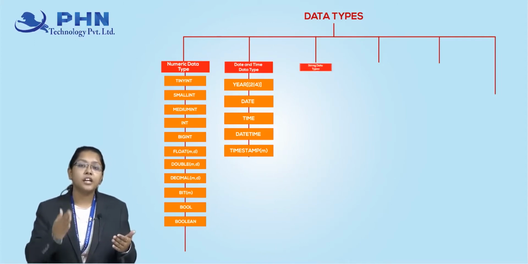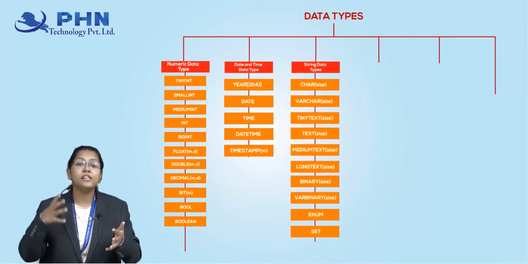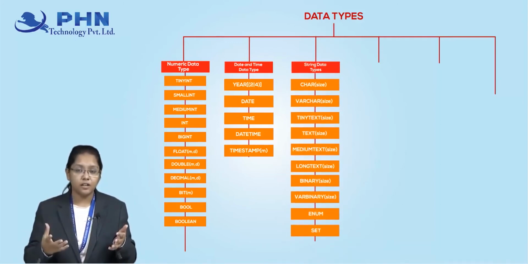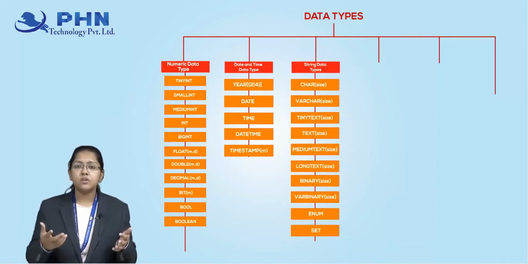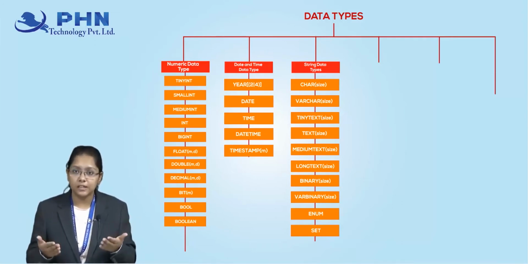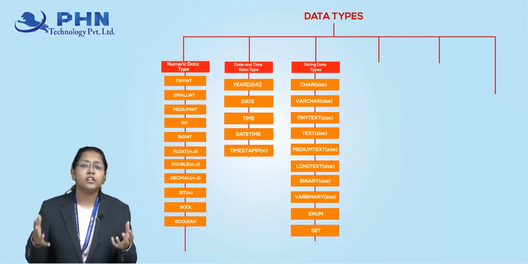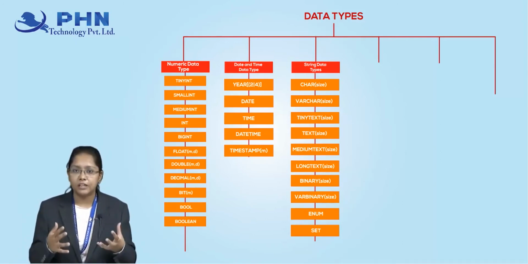Similarly, there are string data types. String will hold the names, the characters, right? We have learned strings. The string data types are types like varchar and char. All the characters, all the words, all the sentences will get stored in these types of data types.